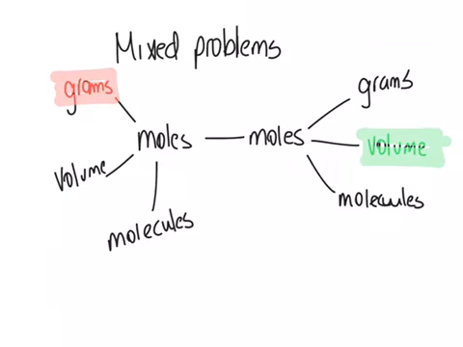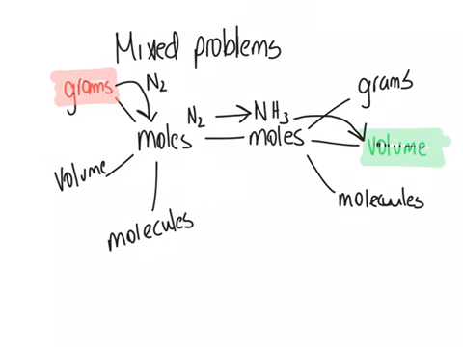So your steps for number 1 are that you first have to go from grams to moles of the N2. Then you're going to use your moles of N2 and that mole to mole ratio from the balanced equation to find out how many moles of NH3. Then, once you have your moles of NH3, you're going to convert that to volume.